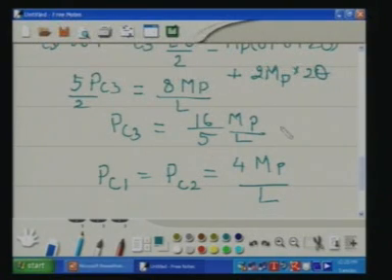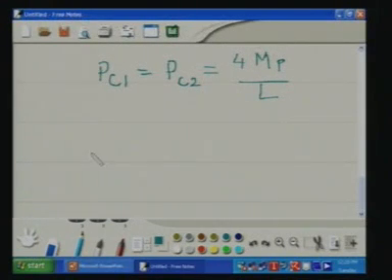So this is the lowest value of the critical load. So this is our real critical load, and this is our real critical mechanism, that is the combined mechanism which we have taken.